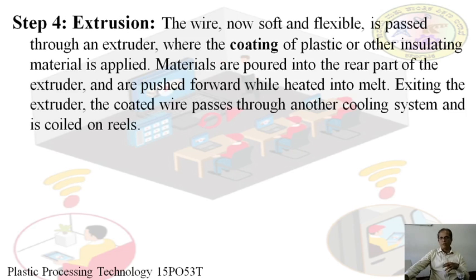The fourth step: the wire, which is now soft and flexible, is passed through an extruder where a coating of plastic or other insulating material is applied.